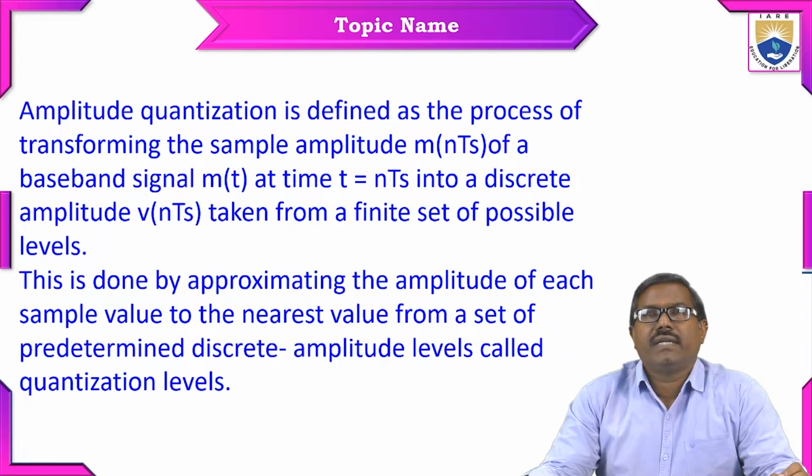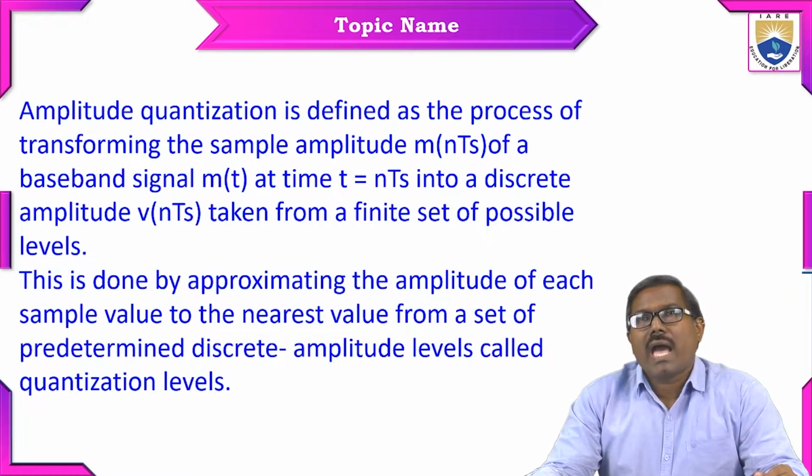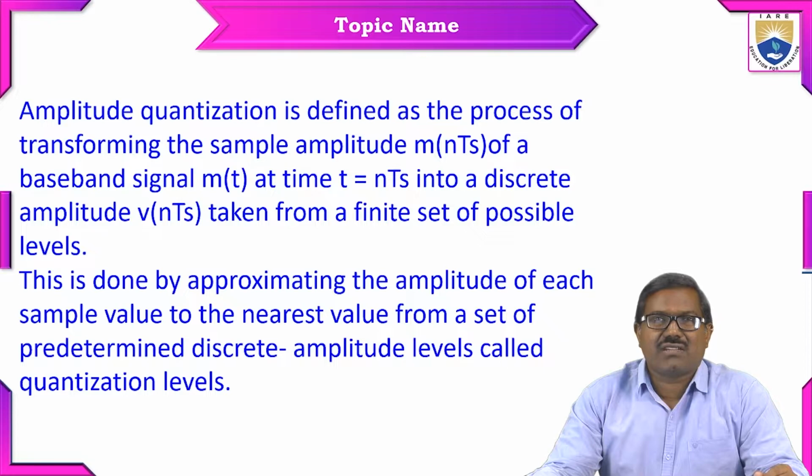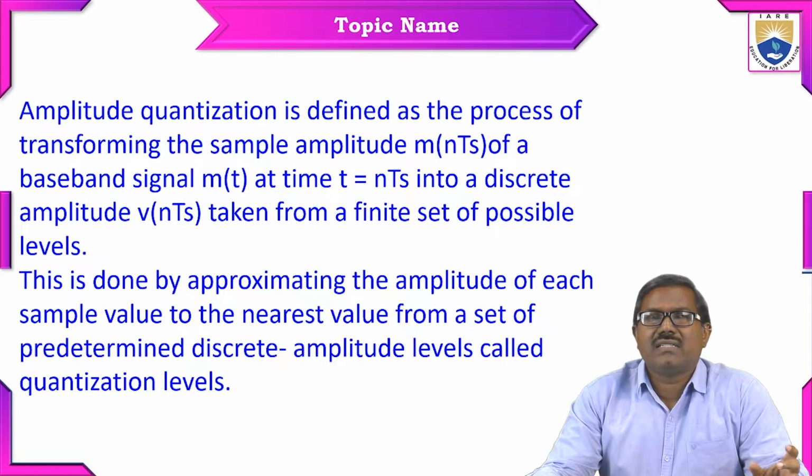Here is the definition we are taking: amplitude quantization is defined as the process of transforming the sample amplitude m of nTs of a baseband signal m of t. Here m of t is nothing but our message signal.